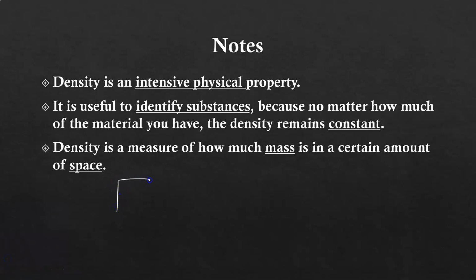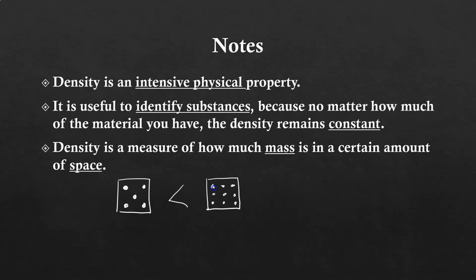So if we looked at two models of density and we had this one where we had particles in there, and then we have the same size box, pretend it's the same size, and we had a lot more particles in there, we would say that the density is much greater in the one on the right than the one on the left because they're more closely packed to each other.